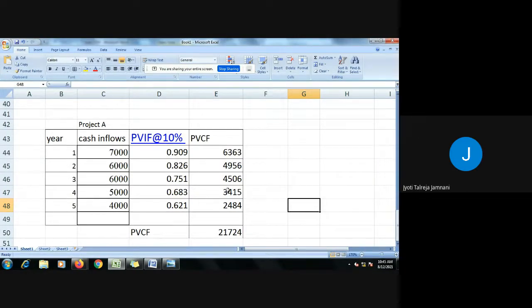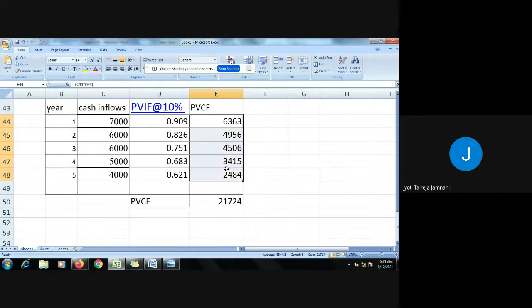Now we can multiply the cash flows with the present value interest factor at 10%.